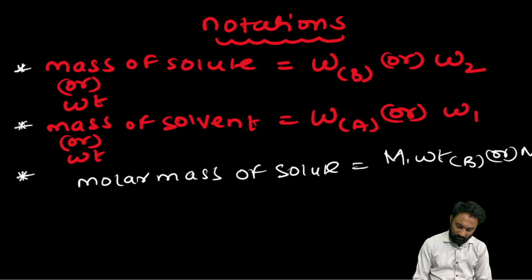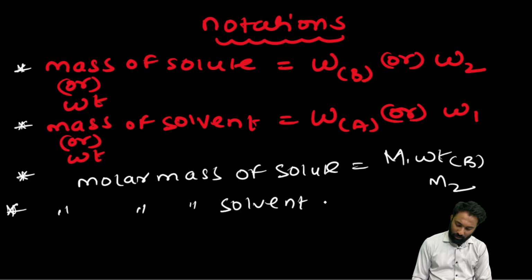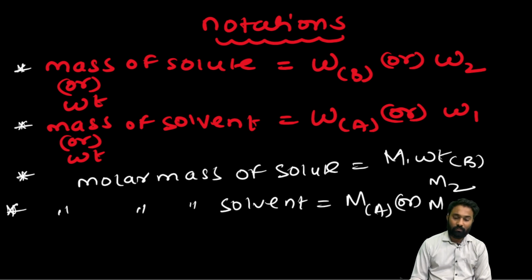Clear? Done? Next, molar mass of the solvent. Molar mass of the solvent will be MA or M1. Clear? Now, these are the notations I have given.